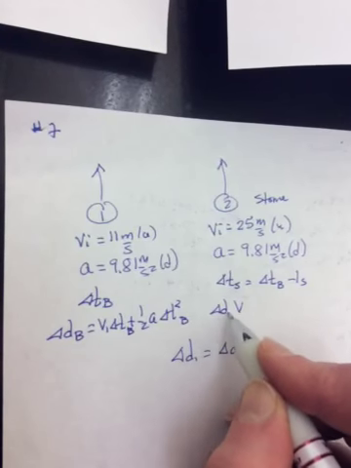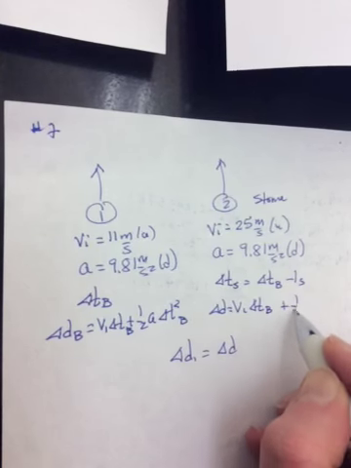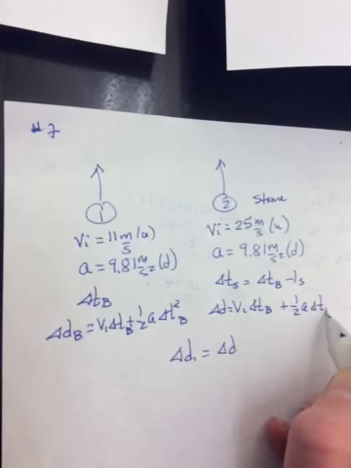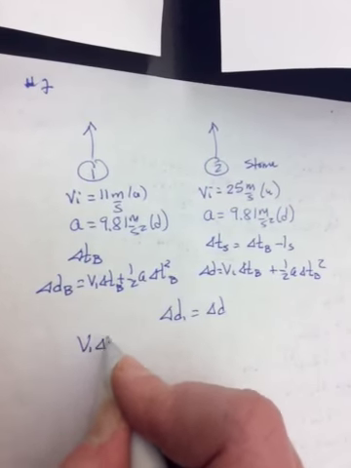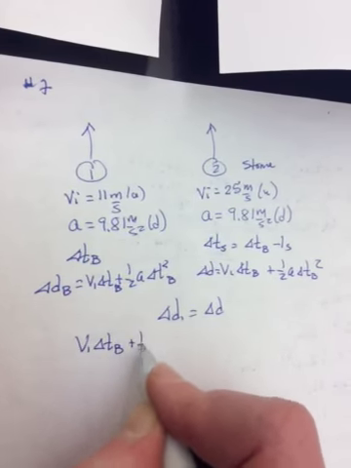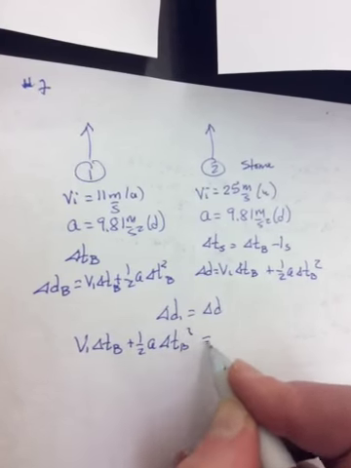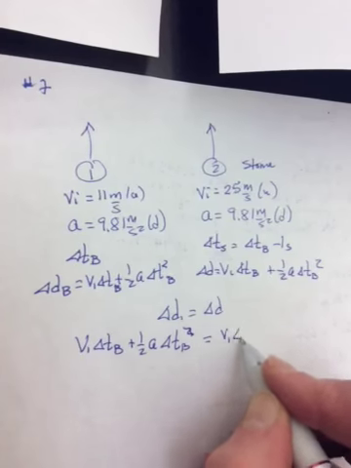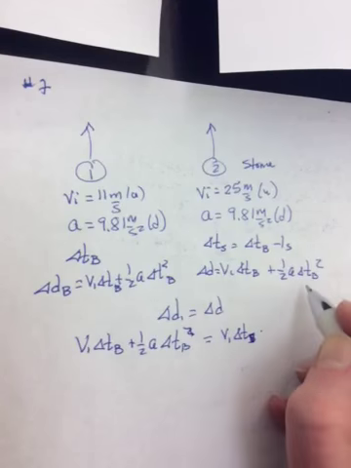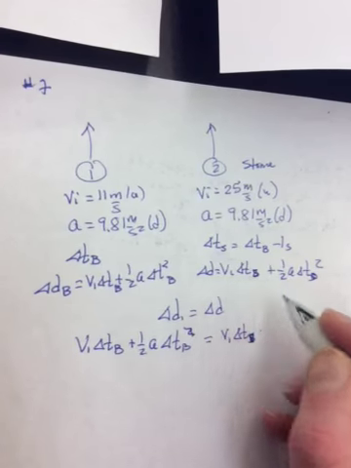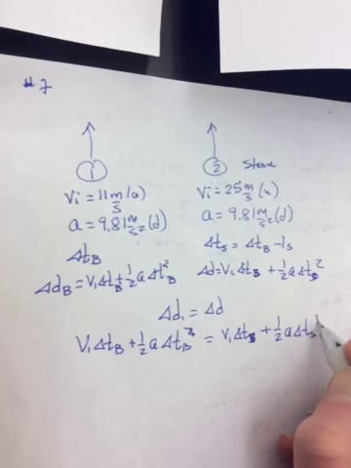And delta d of the stone, vi delta t plus 1/2 a delta t squared. And so they should be equal. So vi delta t of the ball plus 1/2 a delta t of the ball squared is equal to vi delta t of the stone plus 1/2 a delta t of the stone squared. It would be good if I had different subscripts in it.